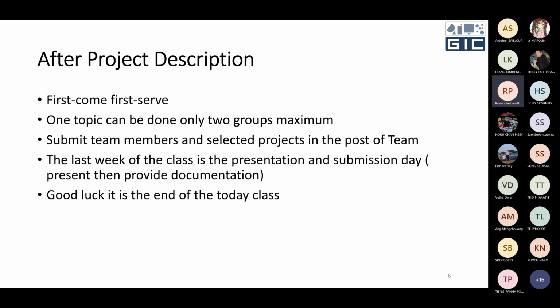Any platform that you want: Microsoft Word, PDF, picture, up to you. Any questions?